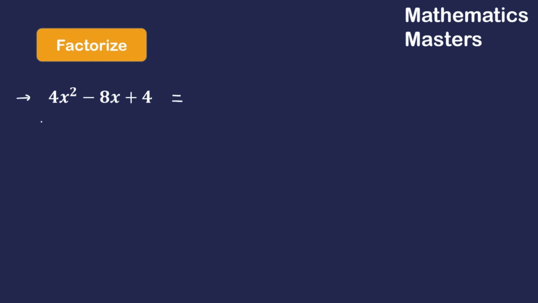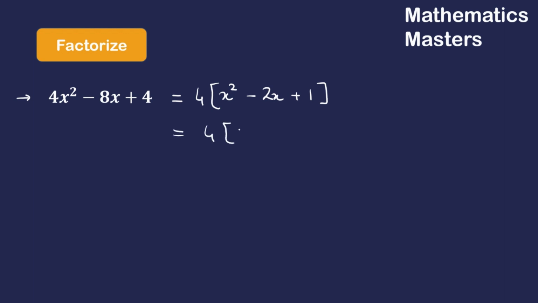Now, in this question we can see that in all the terms I can take something common, which is 4. So I'll first take out the common. So 4 has been taken common. In the first term, x square is left, minus, in the second term, if I divide 8x by 4, we get 2x. And if I divide the third term by 4, we get 1.